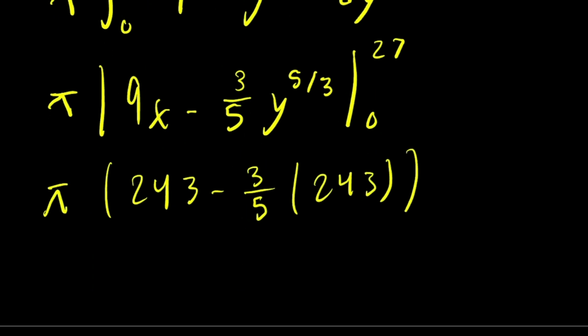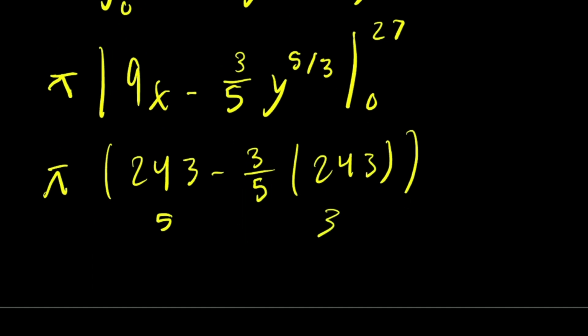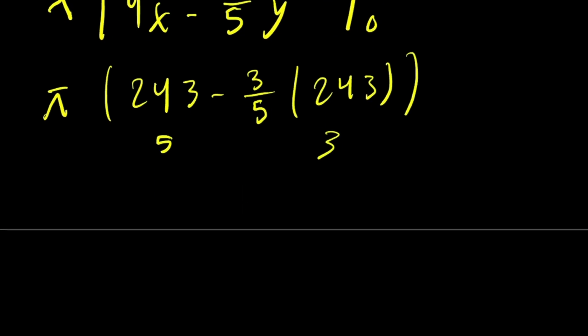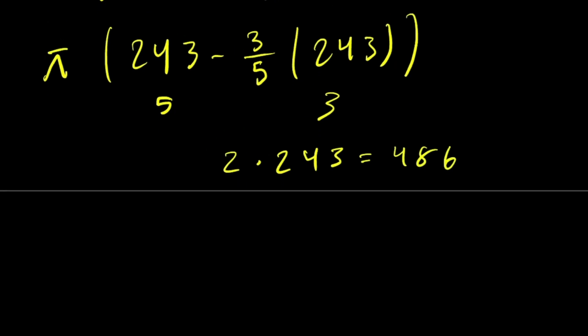How I like to visualize this is I have 5 parts of 243 and 3 parts of 243. So then I am left with 2 parts of 243. So 2 times 243 equals 486.